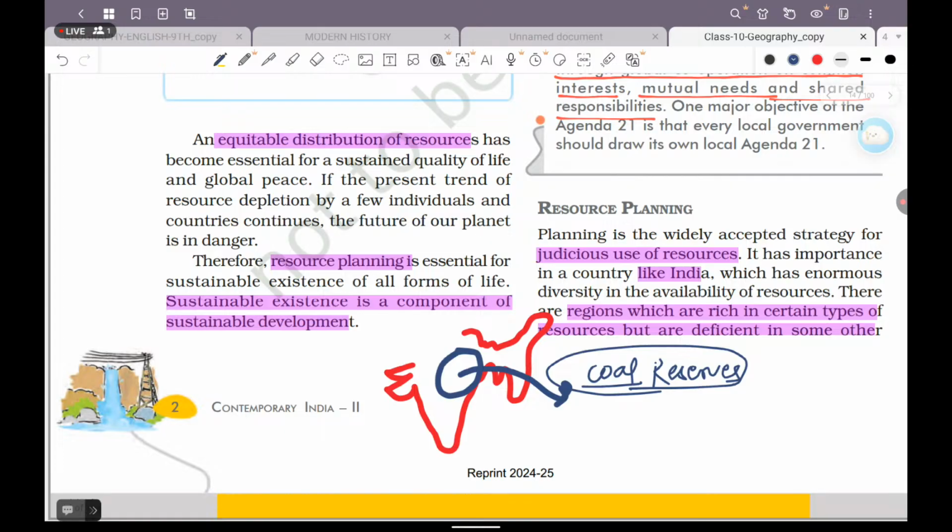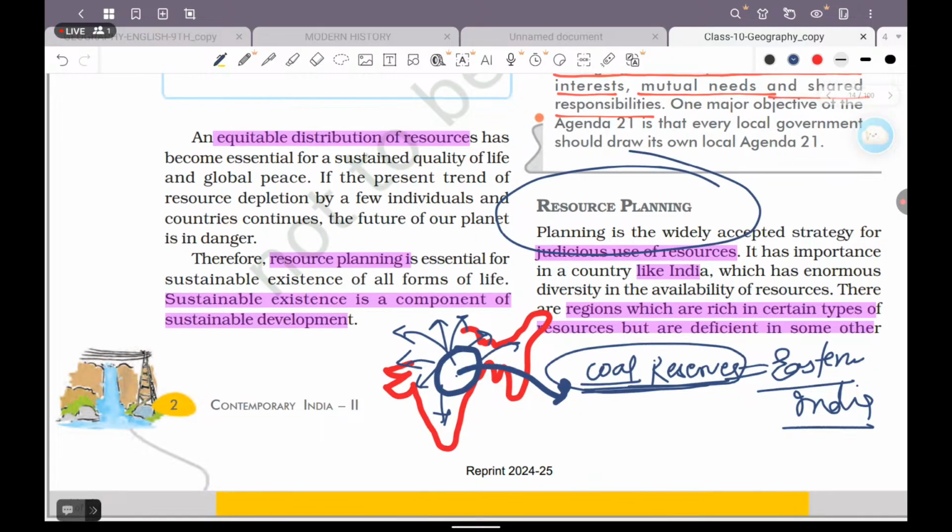So we plan for the coal reserve in eastern India and how to distribute this coal to other parts of India, so that the coal can be used and the supply throughout India can be smooth. So that is resource planning.